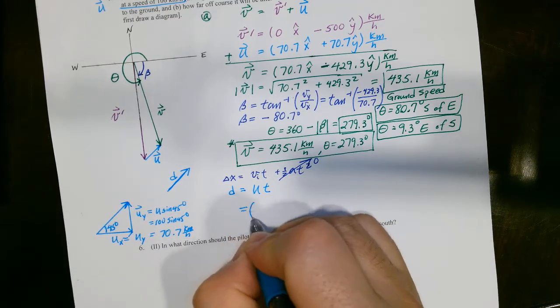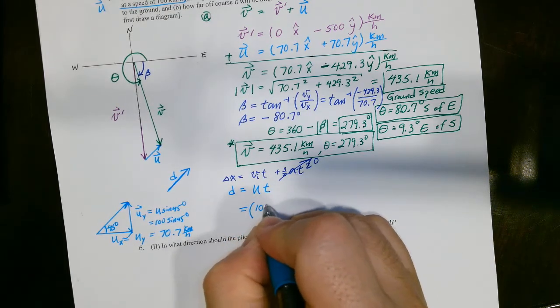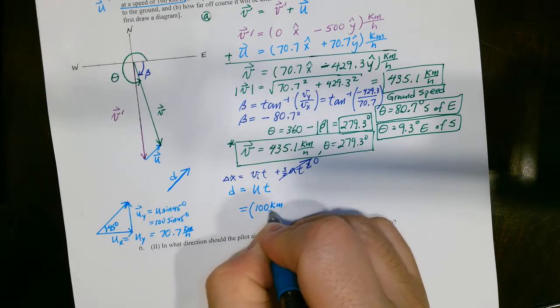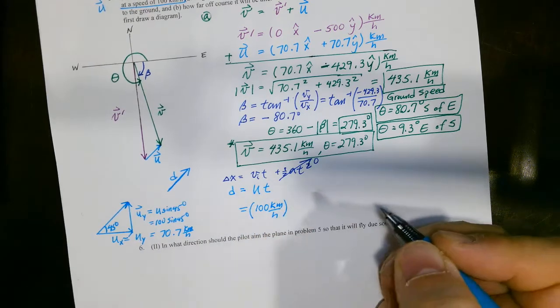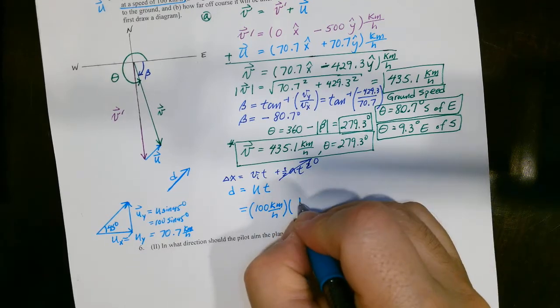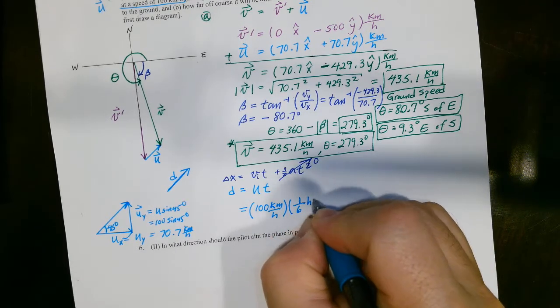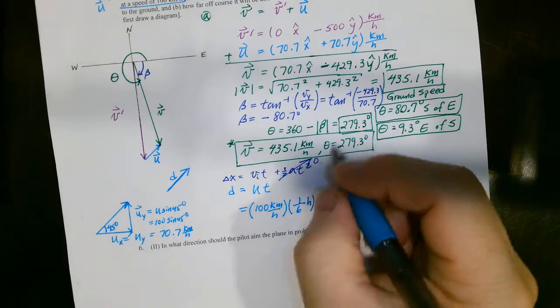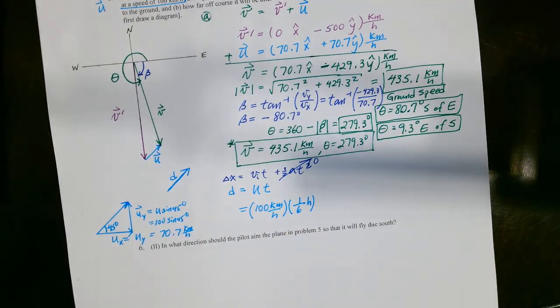U obviously is 100 kilometers per hour, and time t is 1/6 of an hour. 10 minutes is 1/6 of an hour.